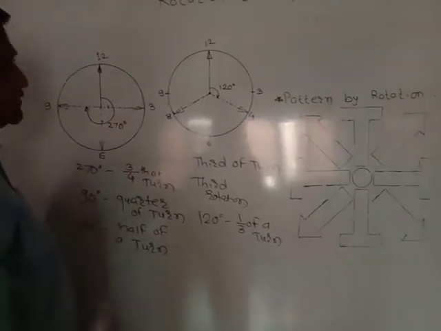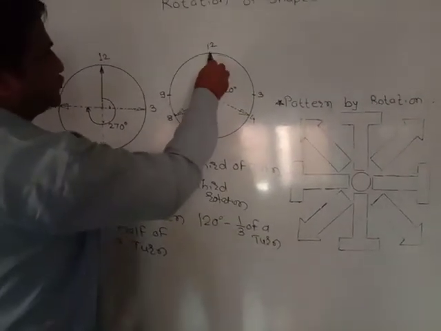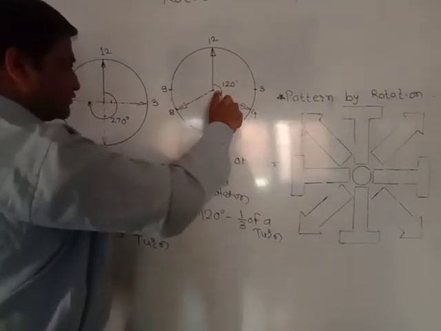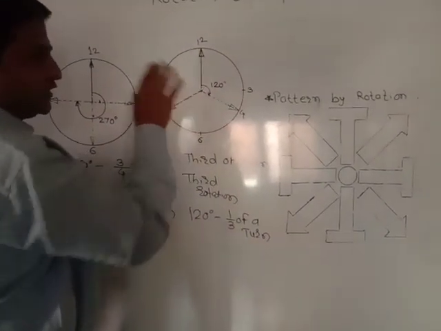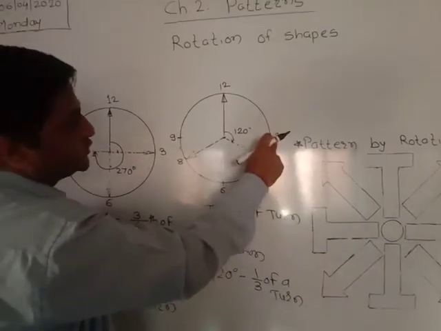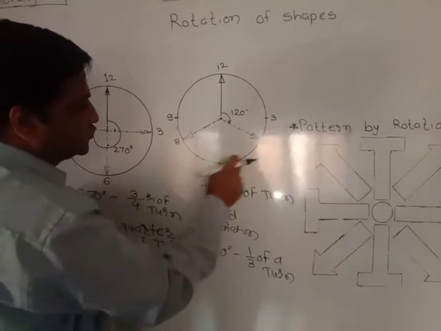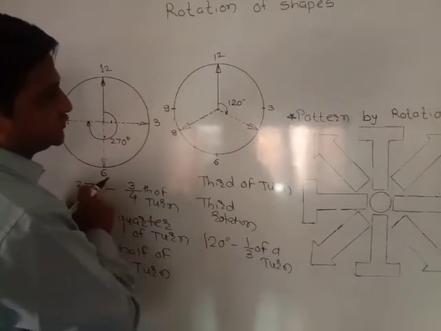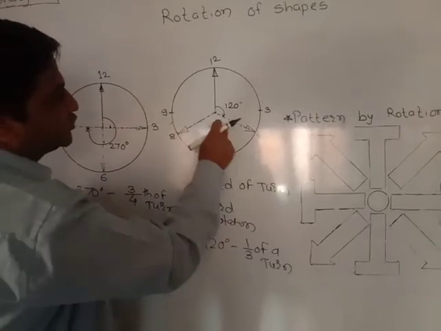Now consider that the hand of a clock moves from 12, 3, 4, 6, and to 8. So we have seen that the hand moves from 12 to 3, 3 to 4, 4 to 6, 6 to 8. This total rotation will be more than 180 degrees.